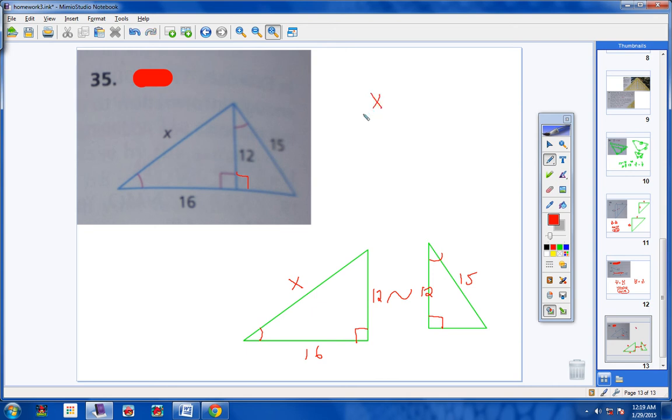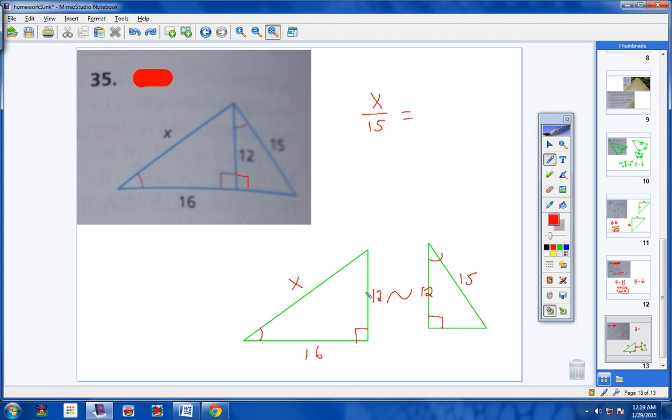Make sure you match the sides up correctly. X over 15 equals now 16 here has a right angle at one end and one mark at the other. Okay, so what side in the other triangle has a right angle and one mark at the other end? Here's your one mark, here's your right angle, this one here. So 16 corresponds with 12. So here we go.